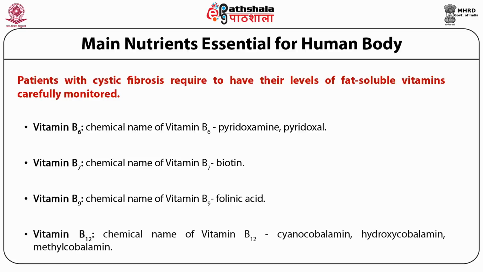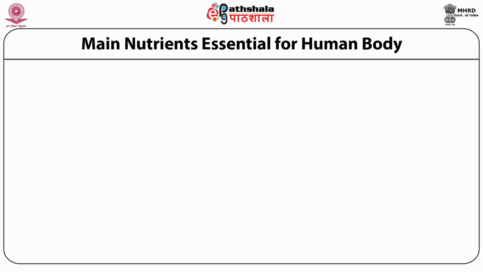Vitamin B12 is chemically cyanocobalamin, hydroxycobalamin, and methylcobalamin. It is soluble in water. Deficiency of it leads to disease called the megaloblastic anemia, which means the red blood cells are without the nucleus.